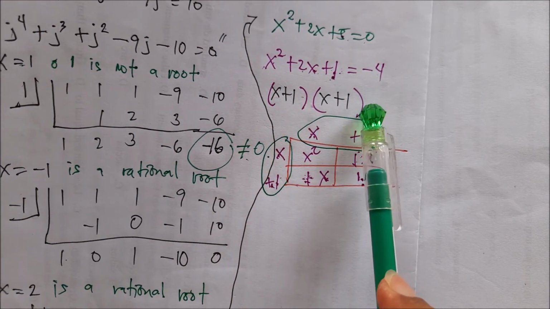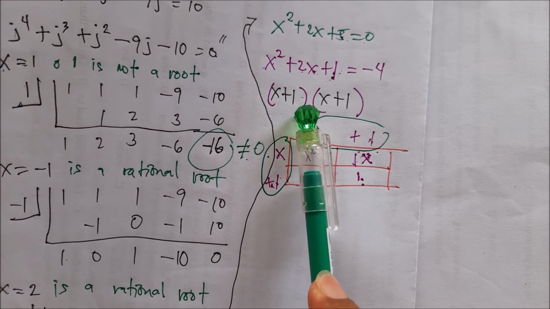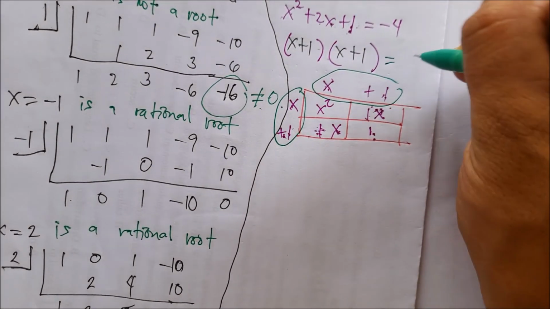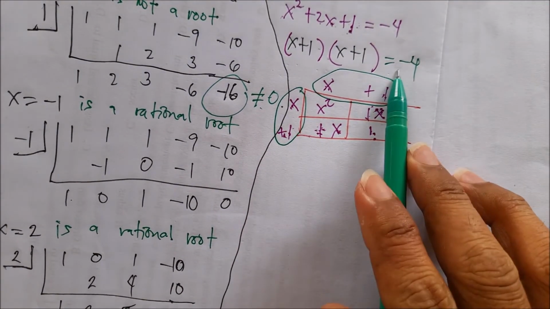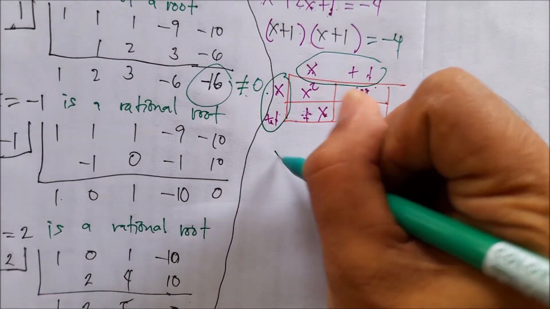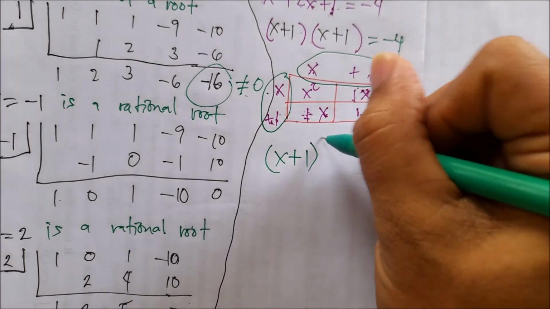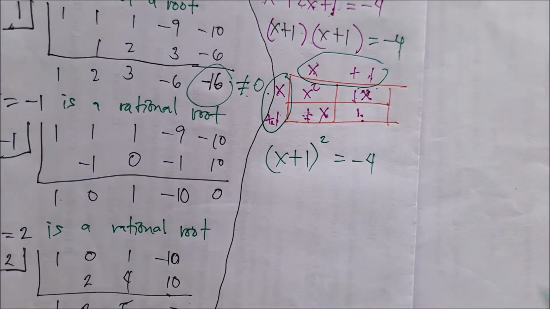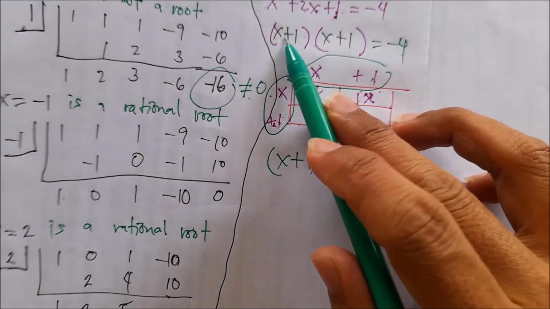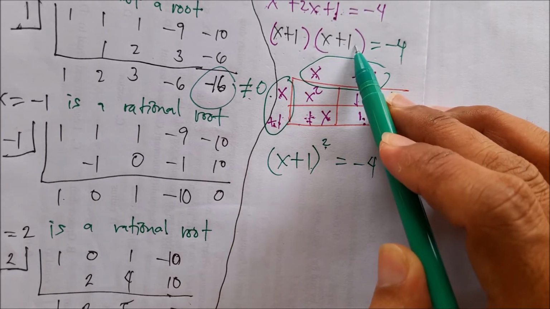They are the same variable, same sign, and same coefficient. Then let's combine. Don't forget the negative 4. Combine into 1: x plus 1 raised to 2 equals negative 4. X plus 1 raised to 2 is equal to x plus 1 times x plus 1.